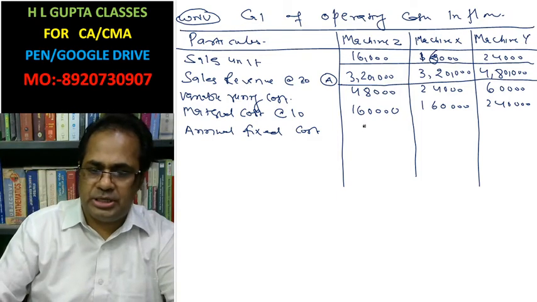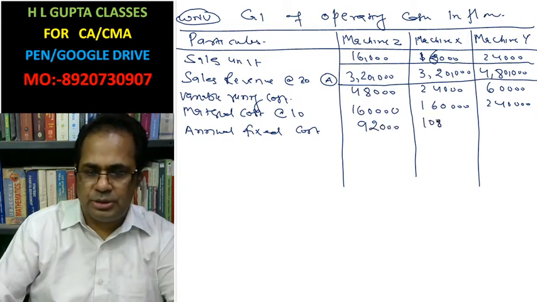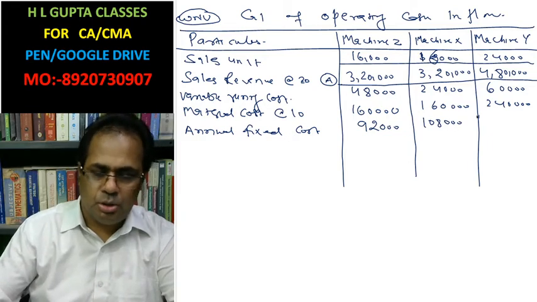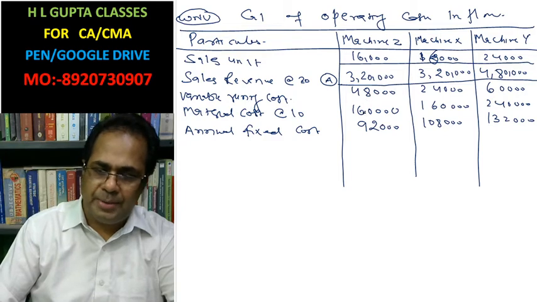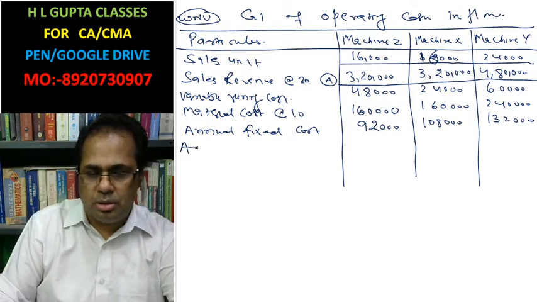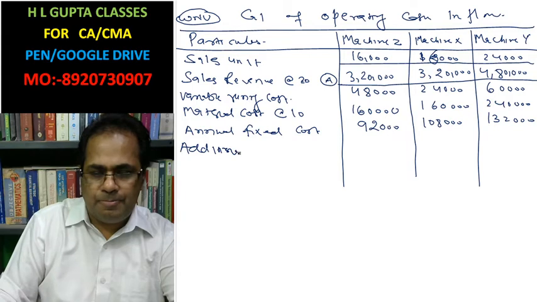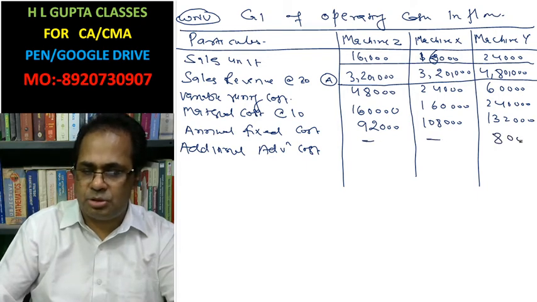Annual fixed cost is 92,000, 1,08,000, 1,32,000. This information is already given in the question. Now additional advertisement cost: there is no additional advertisement cost in this.